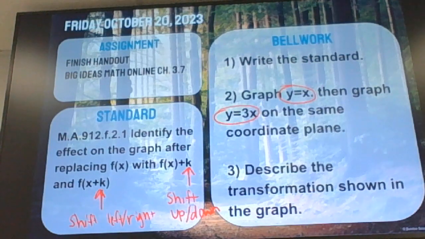Make it look nice, that's up to you. So we're starting again at 0, 0, but this time we're going to rise 3 and move to the right 1.